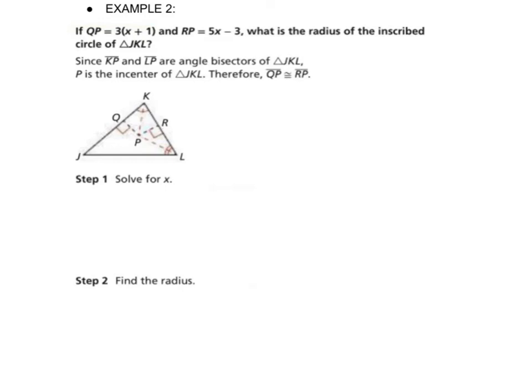It says solve for x. We're given that we have two bisectors, RP and QP. We know they're going to be equal to each other because P is the in-center. So we set QP equal to RP. So 3 times x plus 1 equals 5x minus 3.